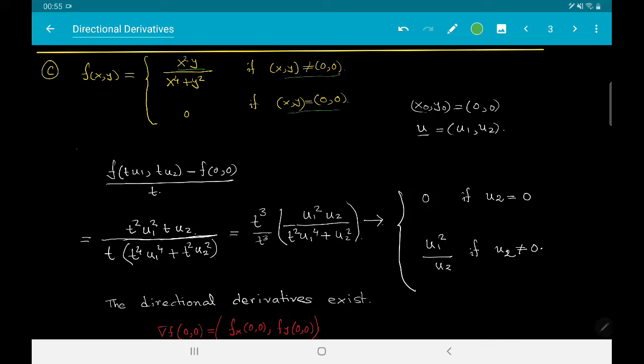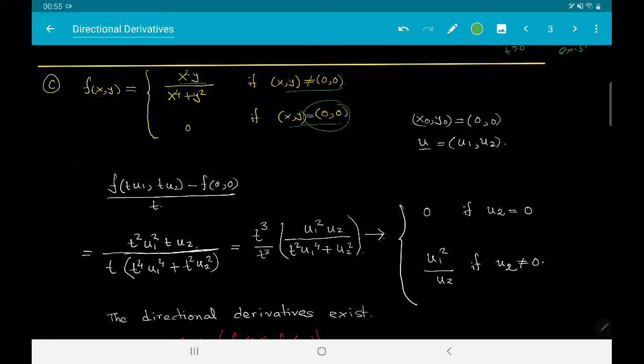As I have just mentioned, we have seen before that this function is not continuous at the point (0, 0). That makes us curious to understand whether this function has directional derivatives along a given unit vector u at the point (0, 0). So norm u is equal to 1 here.